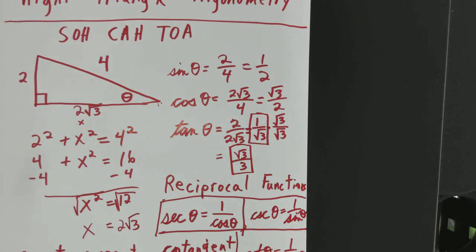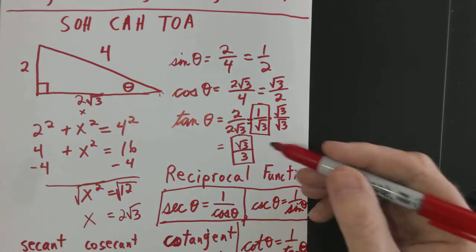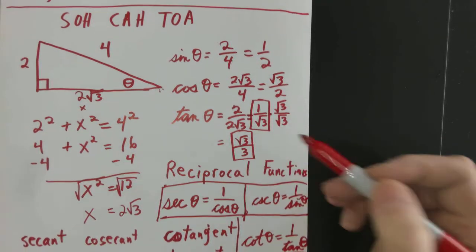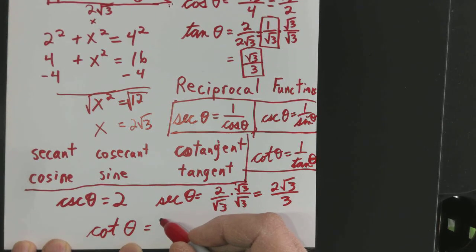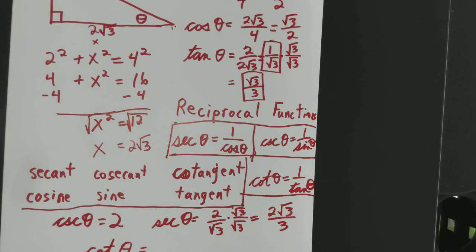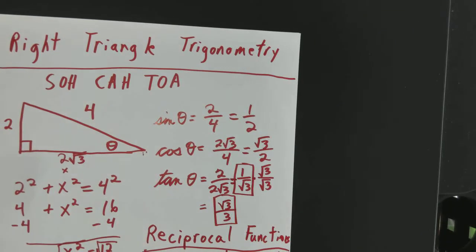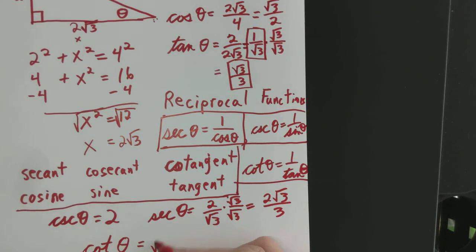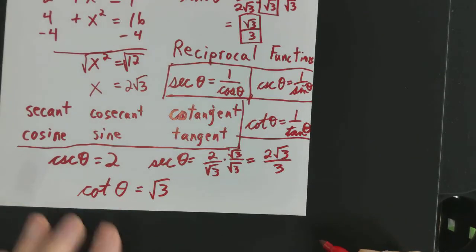Which one do you think would be the easiest to find the reciprocal of? Annie? The unsimplified? The simplified? Okay, how many agree with her? Well, it's all right. It'll work either way. If you do 1 over radical 3, what's the reciprocal of 1 over radical 3? Radical 3 over 1, or just radical 3. Okay? That was kind of a trick question.